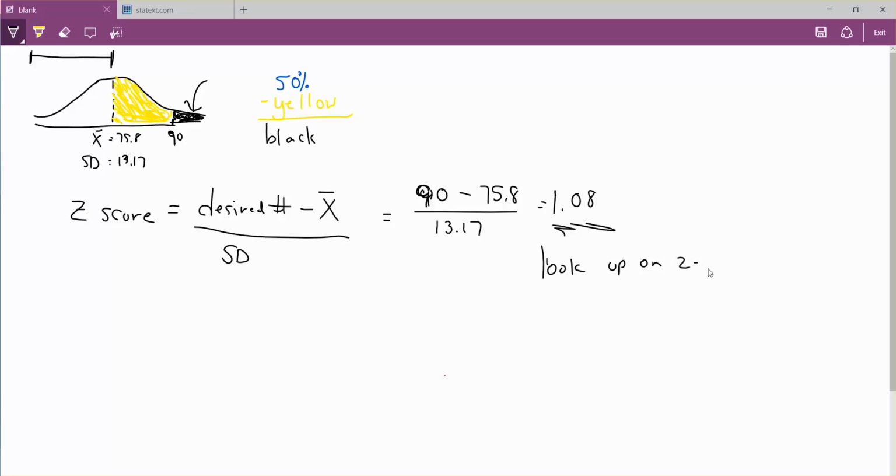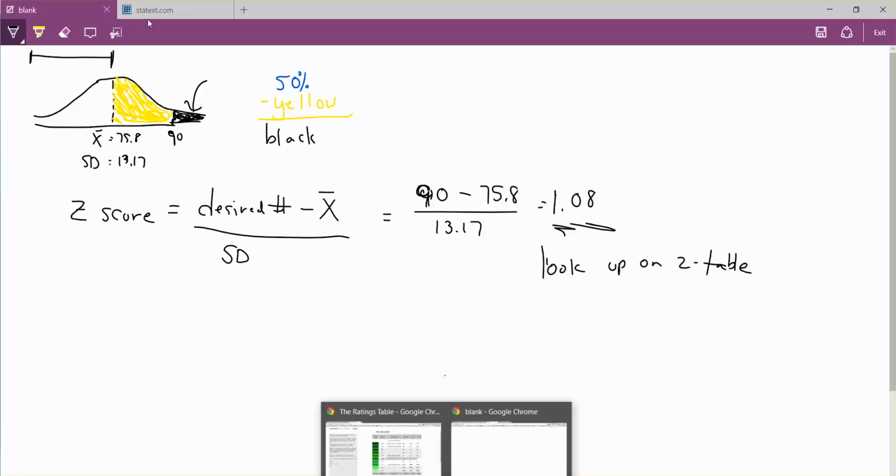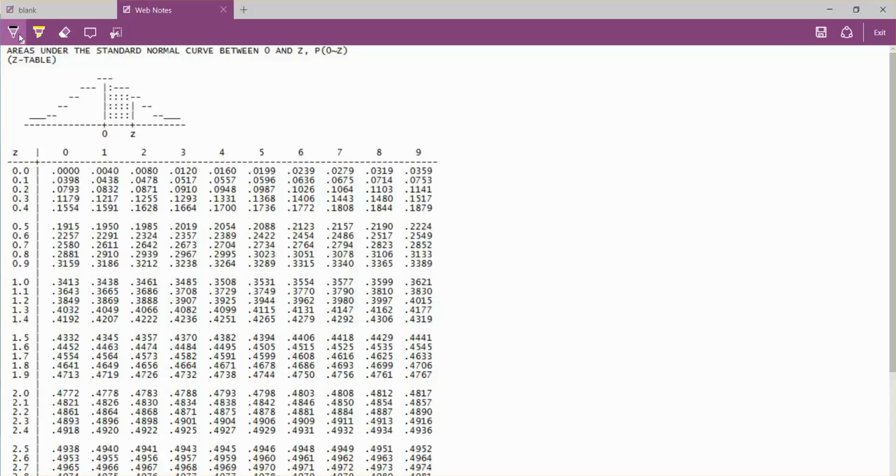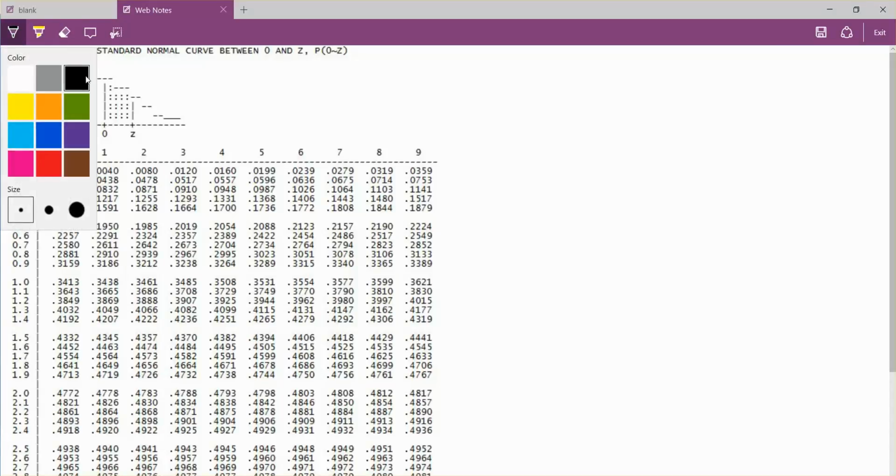I will provide you with a link to the Z table. I have it here. And on the Z table, they did a stylized little graph, and I'm going to draw it ever so slightly better, hopefully.